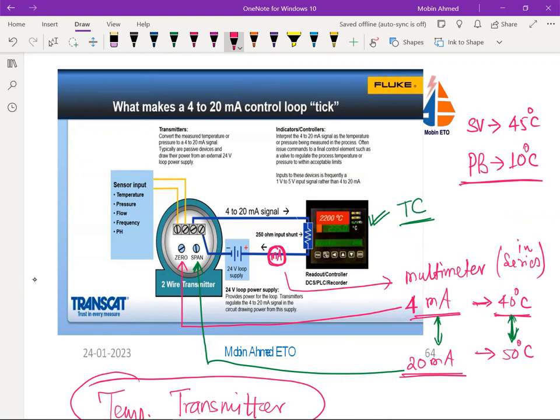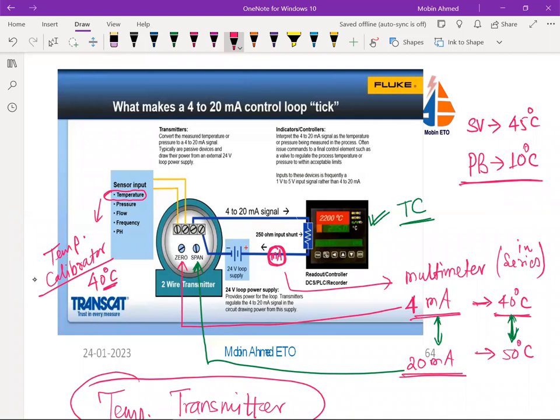So here what I am going to do is put the temperature sensor in the temperature calibrator, since I am using the temperature. We have the temperature calibrator set to 40 degrees centigrade. Put the multimeter in series.